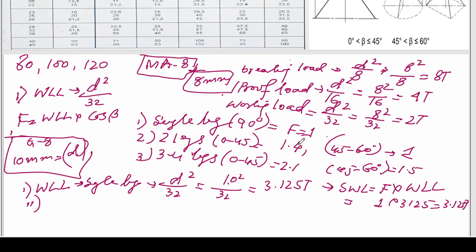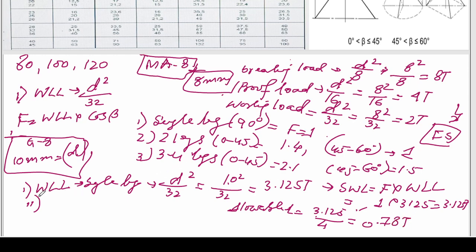Now generally a factor of safety is also considered, which for industrial rope is 4. So the allowable load, not the safe working load, is 3.125 divided by 4, that is load by factor of safety. It will be 0.78 ton.